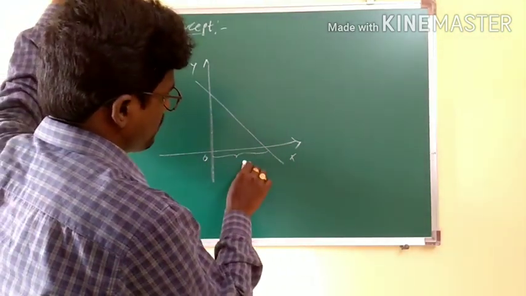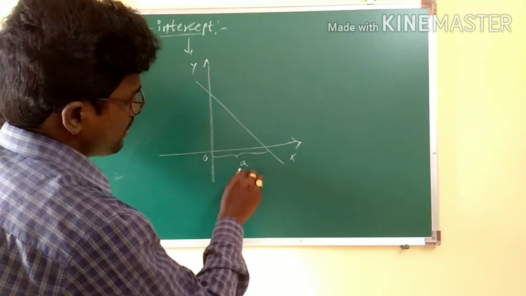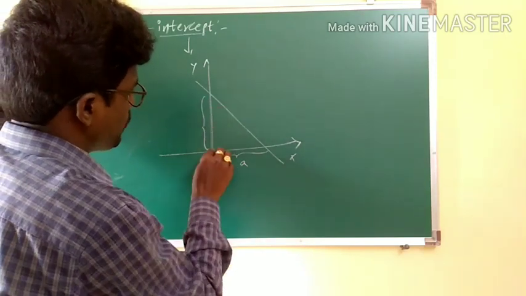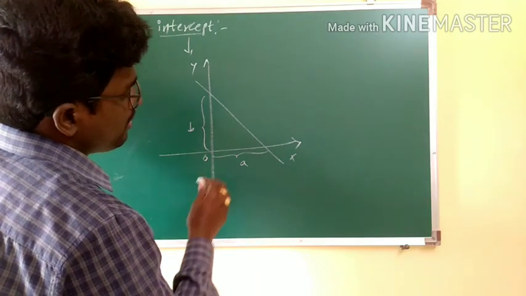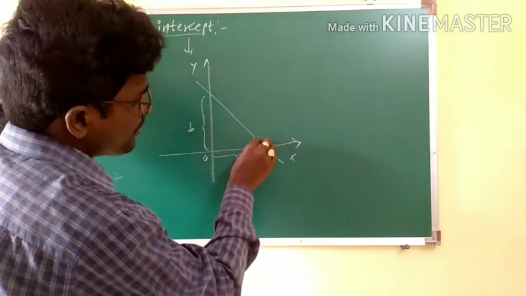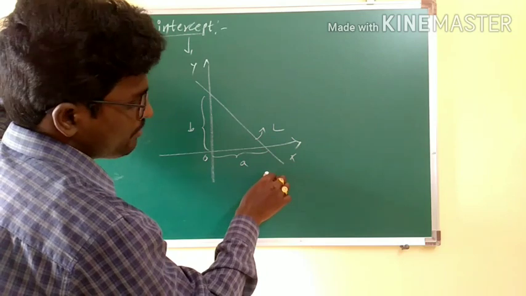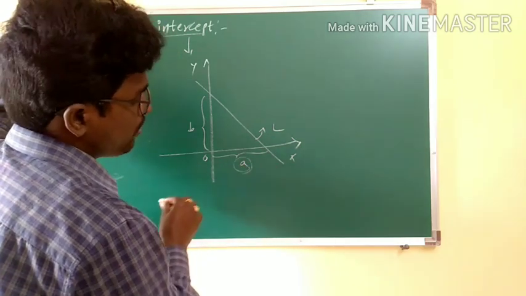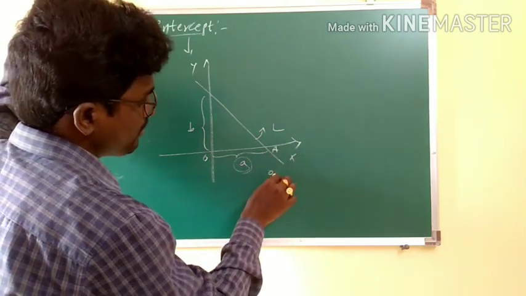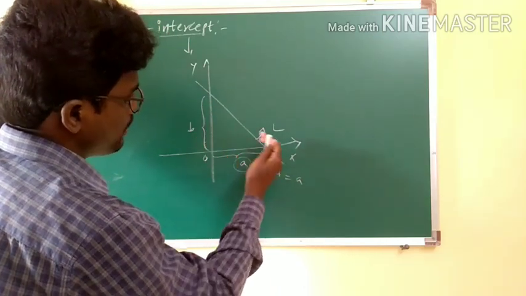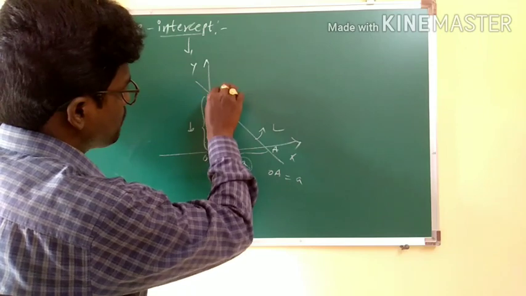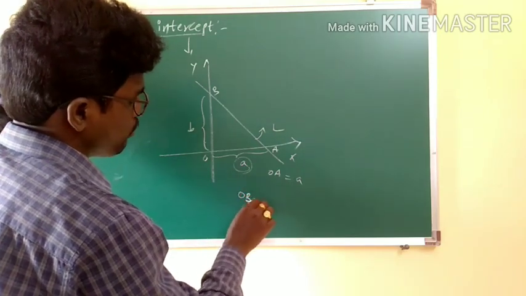Let's say it cuts the x-axis at a units away, and the y-axis at b units away. Therefore the x-intercept of this line L is a units, that is OA is equal to a. The y-intercept means the distance between the origin and this point, OB, which is equal to b.